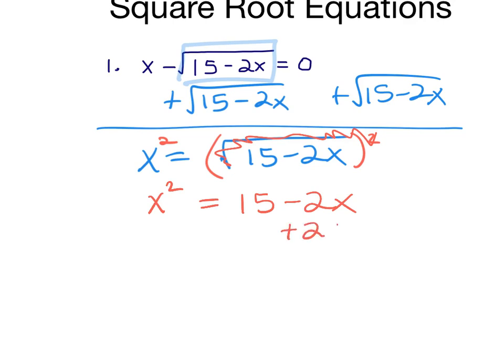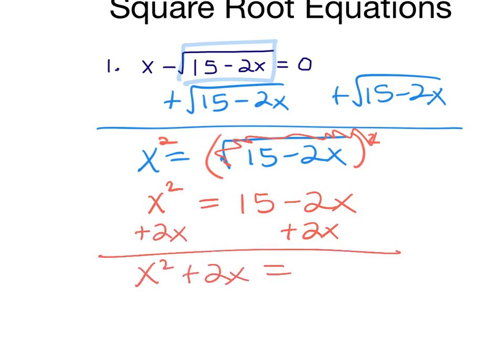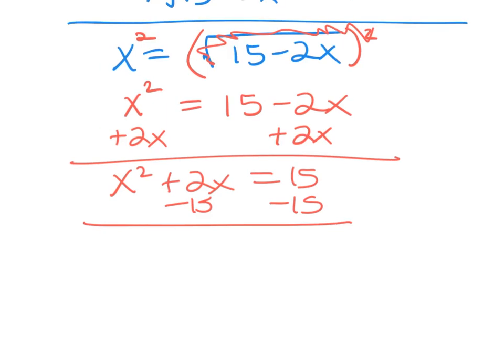So I'm going to add 2x to both sides. X squared plus 2x equals 15. Move the 15. X squared plus 2x minus 15 equals 0. Now, at this point, you could do quadratic formula, completing the square, or factoring.